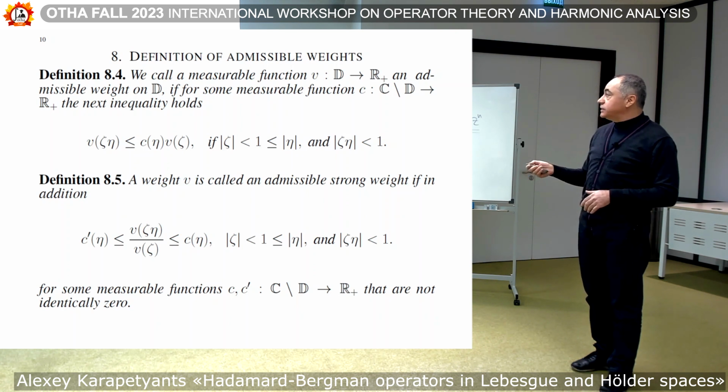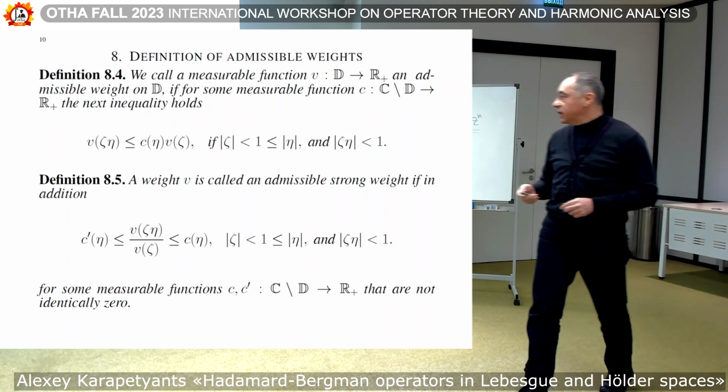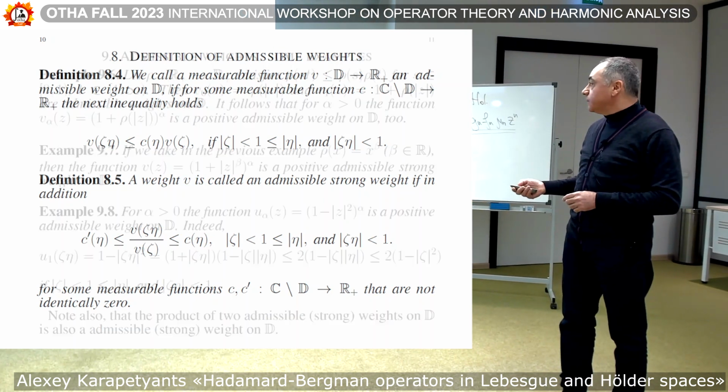And we will call the function v a strong weight if you also have boundedness from below. So this would be for strong only, and if you have both, then we will call this weight an admissible strong weight.